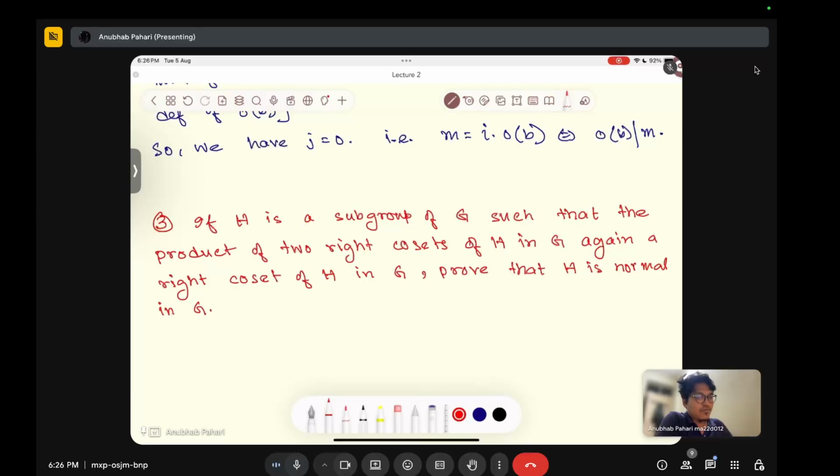It is not always possible that the product of two right cosets is a right coset. For example, if you take any subgroup which is not normal, then you will see this jump-over thing, because if you take Hg1 dot Hg2, if g1 does not jump to g2, jump to this side, then showing that H is normal is not possible. So for this case we are assuming that this is happening.